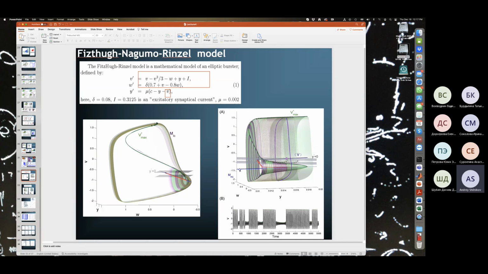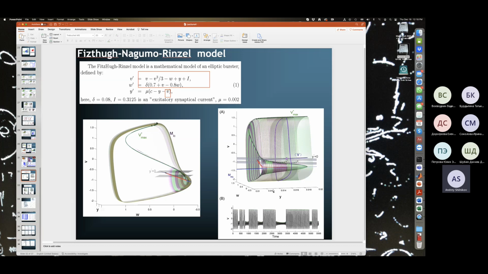So if you start here, you will be sucked into this region. And then this is the Andronov-Hopf bifurcation. You lose stability, spiral away, end up on the outer surface to generate the spiking activity. Then it transitions towards the fold here, and from that fold, you land back onto this dark blue line to start a new cycle of bursting.